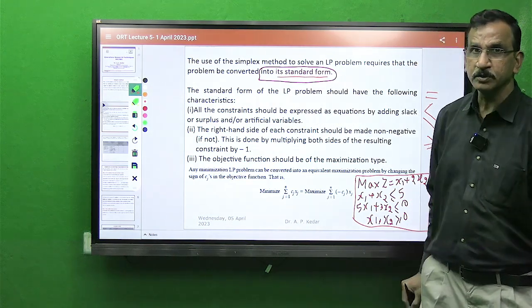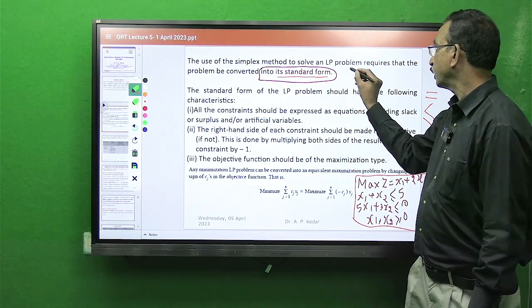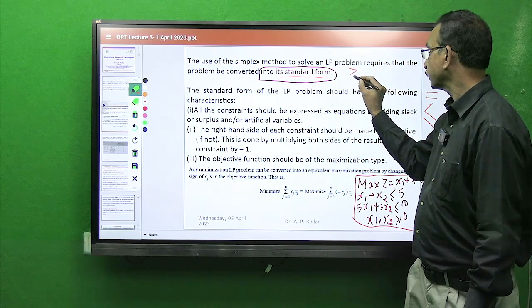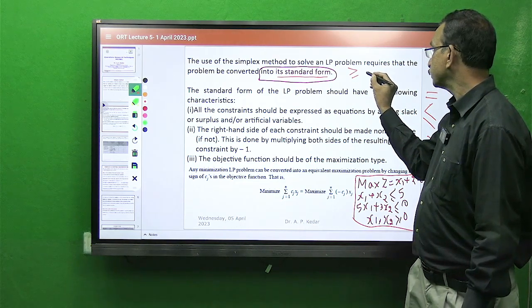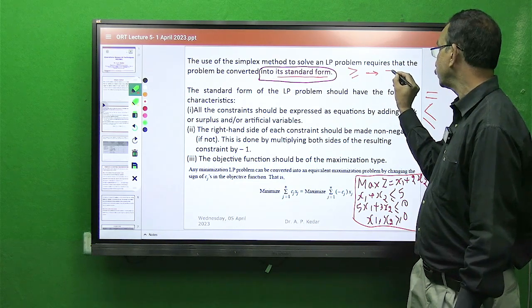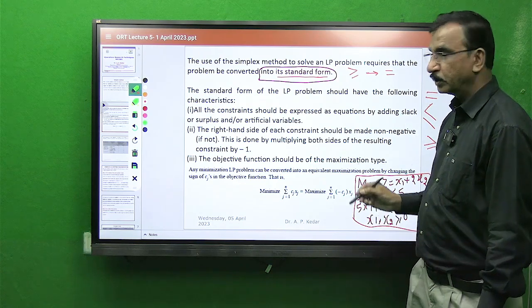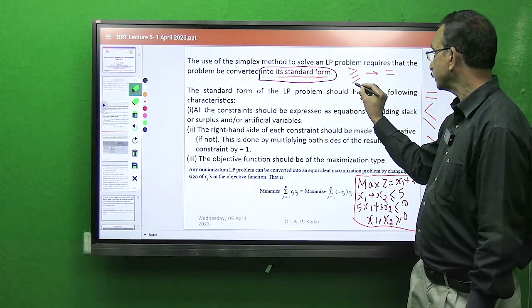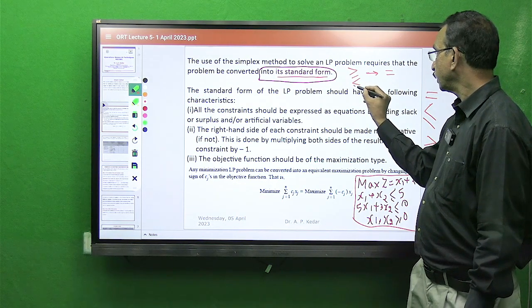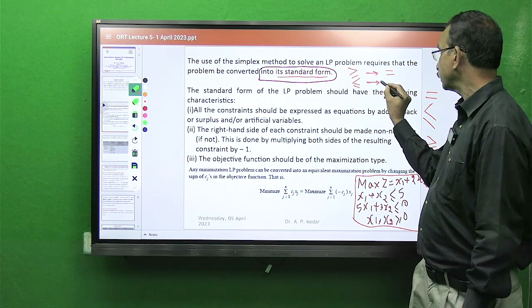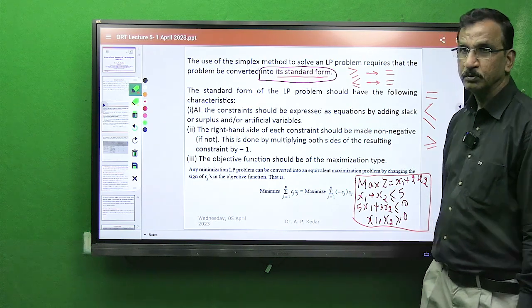Now what is the meaning of this standard form? If you are having this equation, you have to convert this into equal to. If I am having another equation, I have to convert this equation also into equal to.